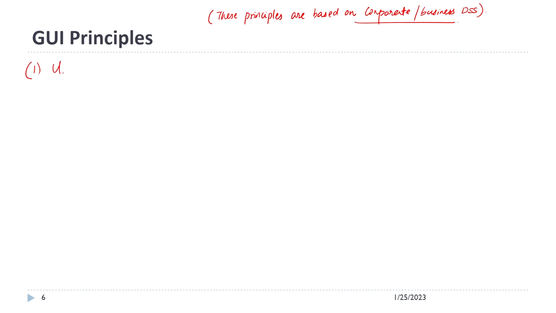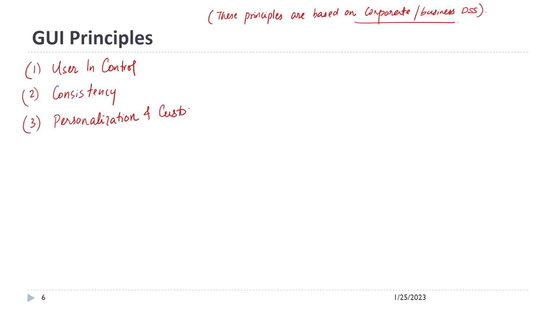The first principle is called user in control, and we will go through each one of the principles separately later down the road. The first principle is user in control. The second principle is consistency. The third principle is personalization and customization.